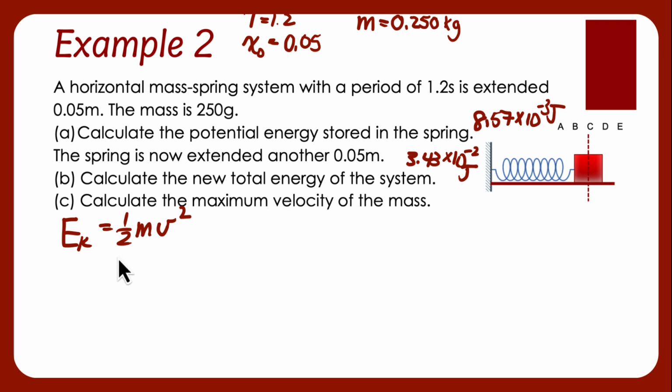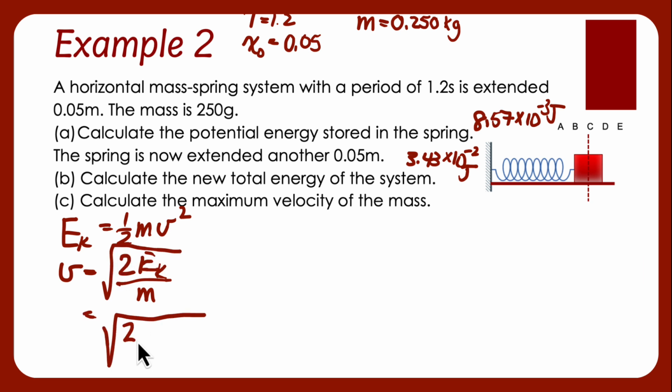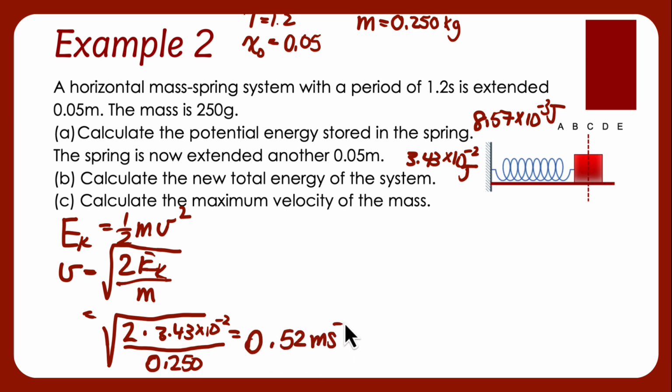So I can just use this exact same equation like I would normally do, even though we're in simple harmonic motion. That means v will equal the square root of 2 times the kinetic energy over the mass. And I get a value of 0.52 meters per second.